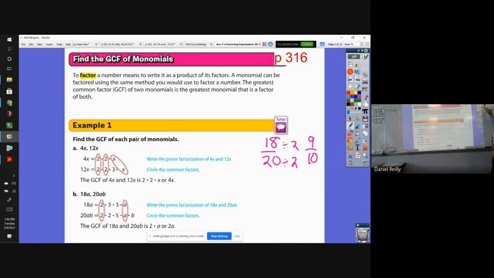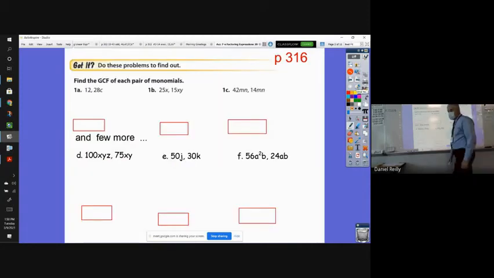All right, so 12 and 28C. Do you want the greatest common factor? Okay, you're going to go prime factorization. 12 is 2 times 2 times 3.